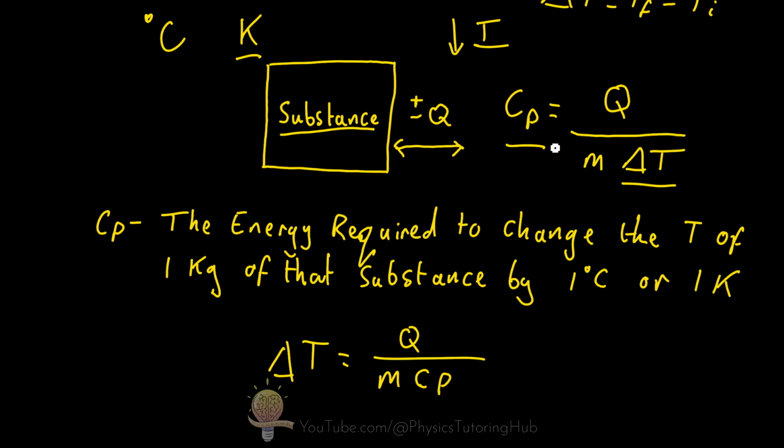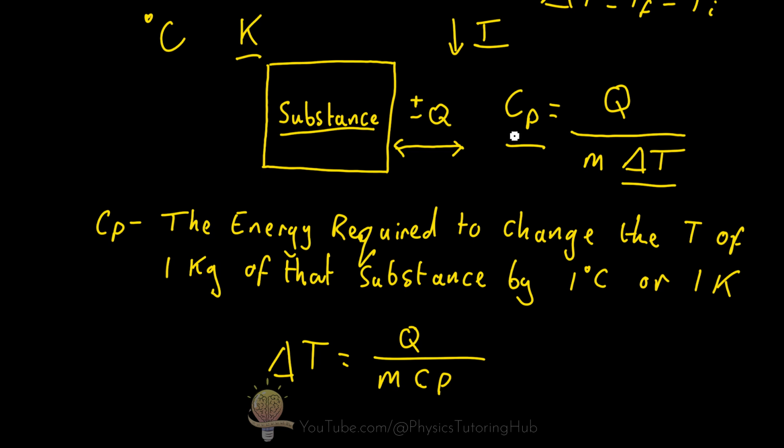And the specific heat capacity can only be found experimentally for each substance, and it's different for each substance. So ice will have a different heat capacity than liquid water, for example. And solid lead will have a different heat capacity to solid iron, for example.